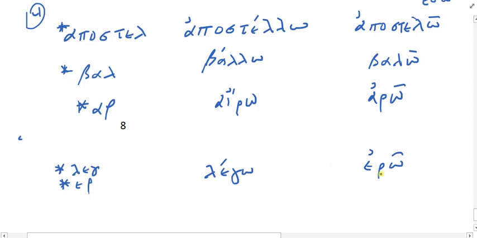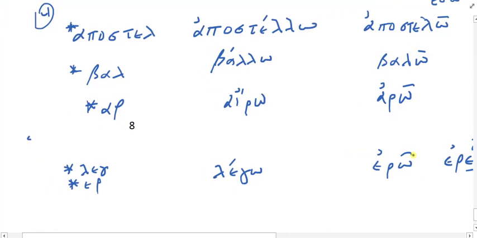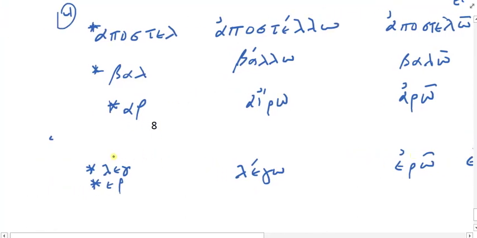Is ero a liquid future? Yes, it is. Because my future stem is er, which ends with a rho. That's a liquid consonant. So to say I will say, it's er-s, so sigma falls out, epsilon, omega contract, and I'm left with ero. You see where that came from, okay? So this is indeed a liquid future, but which pattern is it following? Not 4, but 2, right? That is to say completely different roots.